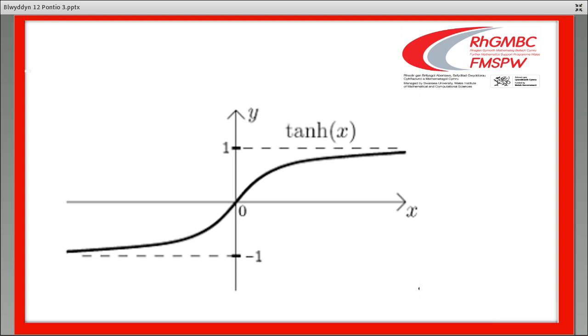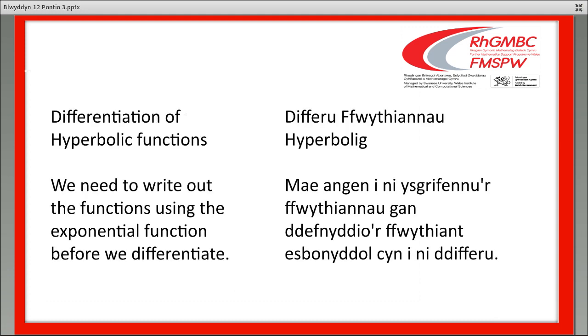Now, obviously, because we're dealing with hyperbolic functions, which are almost an offshoot of trig functions, then we can actually differentiate the hyperbolic functions. But what I'm going to do is show you, rather than just say, if y equals sinh x, what is dy dx?